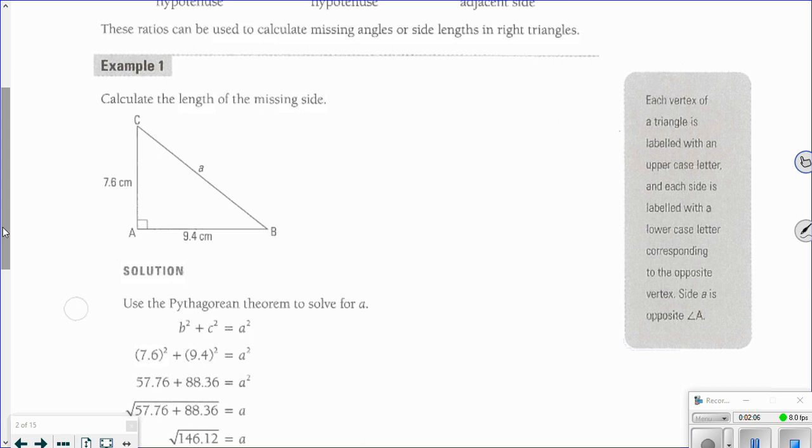Okay, so if you look at a question you're given and it gives you two sides and it wants you to find the third side, as long as it's a right triangle, we can use the Pythagorean theorem to do this. The side straight across from the right angle is always side c in your formula. a and b don't matter. So we've got a squared plus b squared equals c squared.